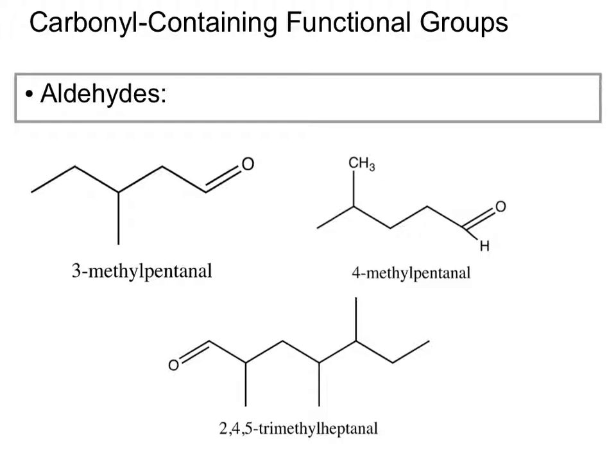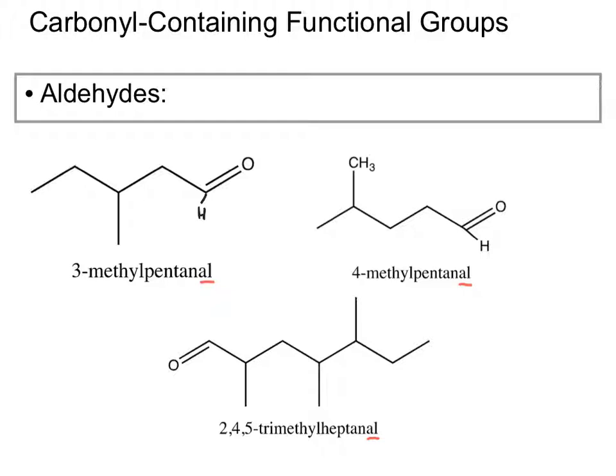And so the first group, aldehydes, we can see 3 different aldehydes here. The key part in aldehyde naming is recognizing the AL at the end of the name. So our suffix for aldehydes is AL. And again, structurally, we would recognize these as aldehydes because coming off our carbonyl carbon, which is the carbon that makes up the C double bond O, we have what is not drawn in, but we have a hydrogen.